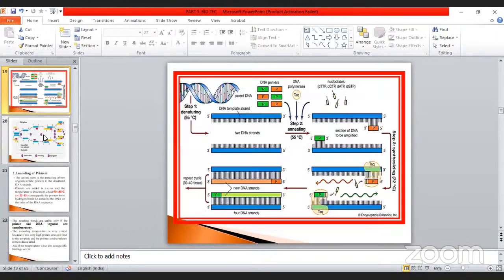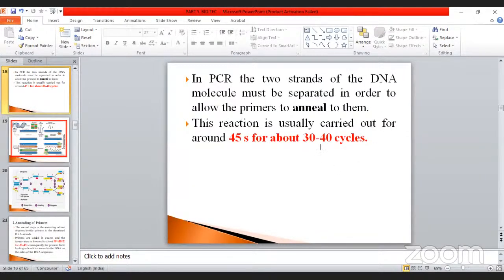See, for 30 to 40 cycles at 45 seconds, how many cycles will be finished? One cycle will be finished per second. So see the speed of the reaction. Take an example: 45 seconds means you will get 30 to 40 cycles.